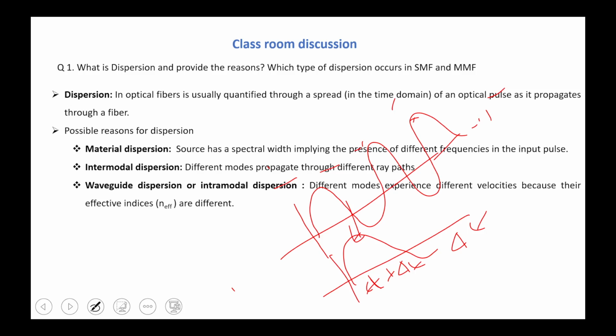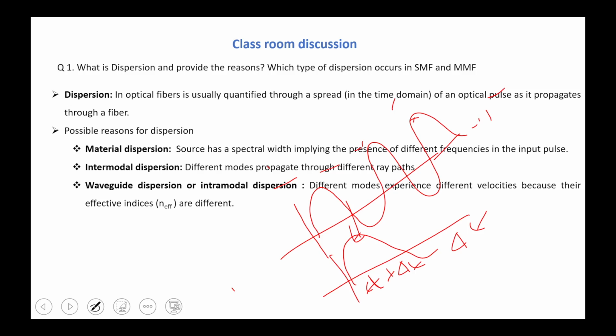The reason is material dispersion, the presence of different frequencies in the input pulse. Some fibers are made of SiO2, some of glass, some of PMMA type. So whatever the light source traveling through the optical fiber, it makes dispersion, spreading the laser light over time.